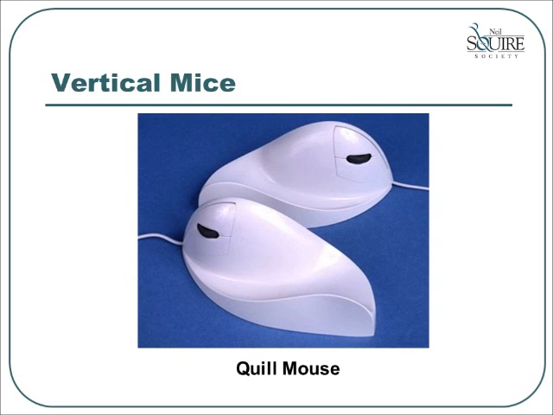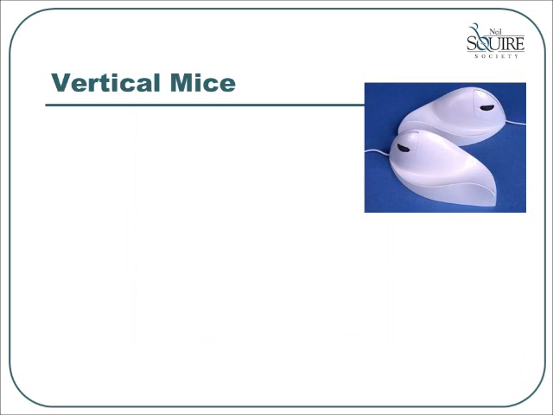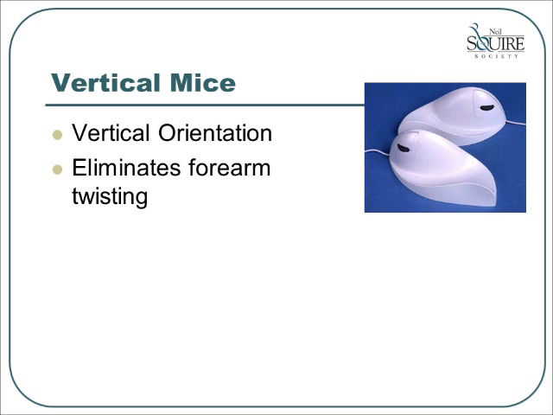The next type of mice we will look at are called vertical mice. These mice have been designed with a vertical orientation. If you take a standard mouse and hold it so the right-hand edge is on the desk, you will have the shape of a vertical mouse. The mouse is designed this way in order to eliminate twisting of your forearm while gripping it.